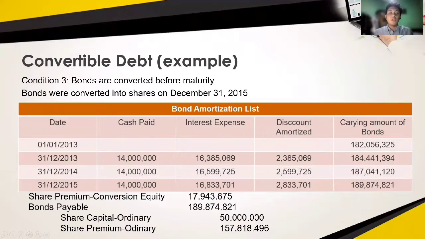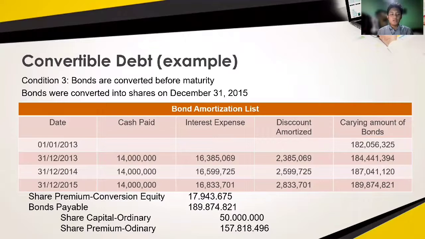At the end of year 2015, we get 189,874,821.